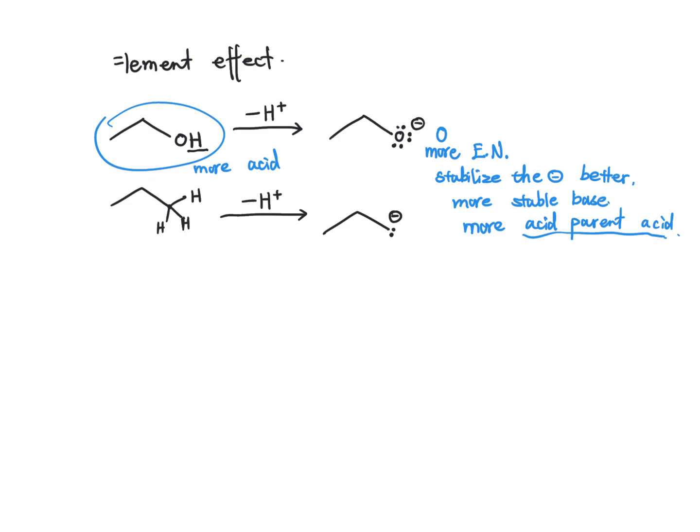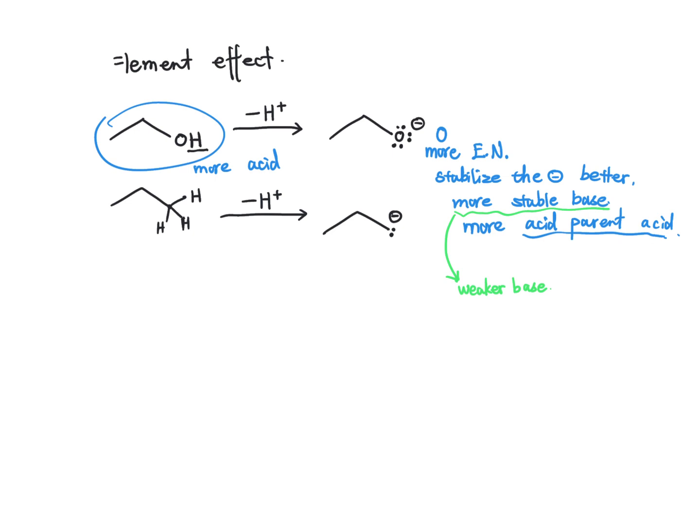Also, if we have a more stable base, that means this base likes that negative charge, like that electron pair, which means that this base does not want to share that electron pair. That means that base is a weaker base. So this is based on the stability of the lone pair that is formed here.